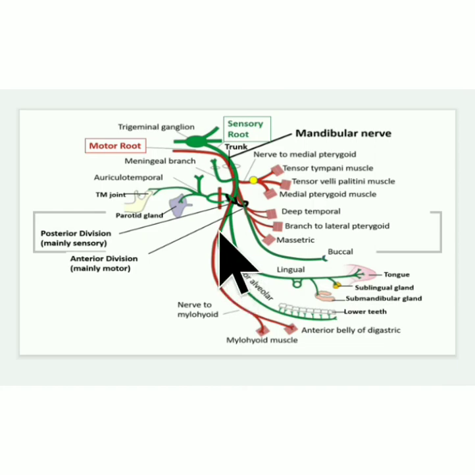Before entering the mandibular foramen, the inferior alveolar nerve gives off the nerve to mylohyoid, and this nerve is motor, consisting of motor fibers. It passes through the mylohyoid groove and reaches and supplies the mylohyoid muscle and the anterior belly of the digastric.